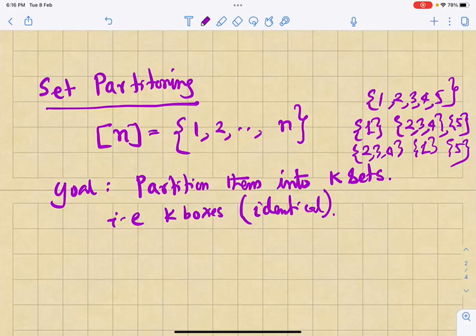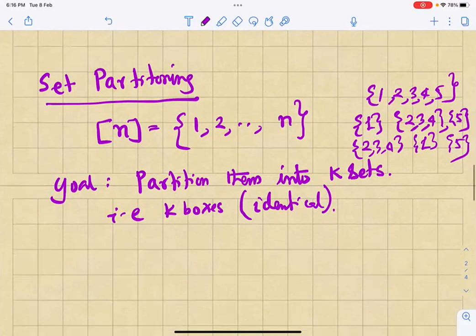It is not like n power k or k factorial or n choose k. So if you are finding a closed formula, then you have to go back and think what is the flaw in your argument. Yes, sir.